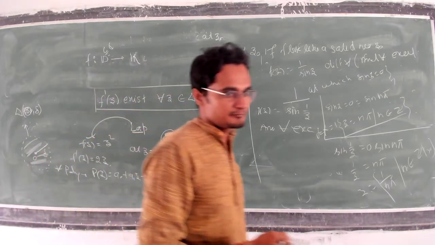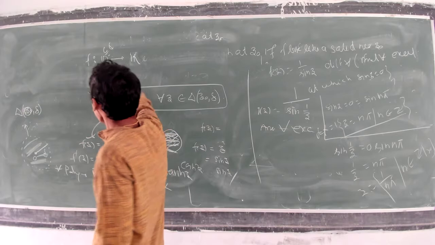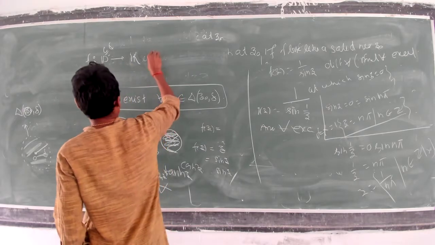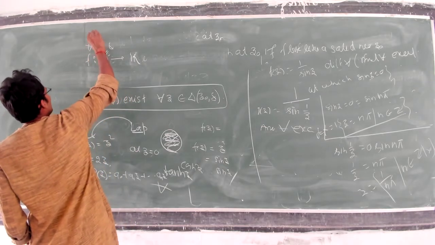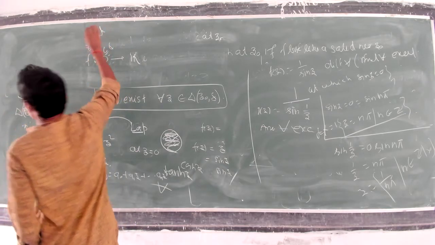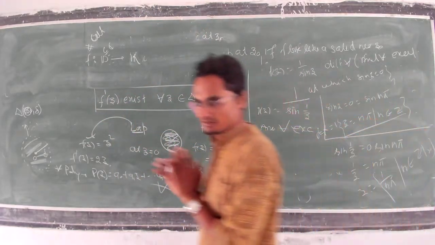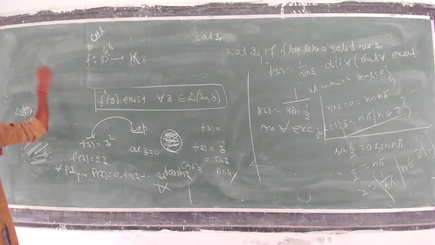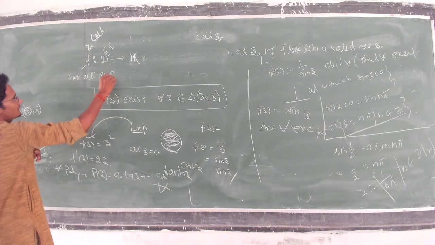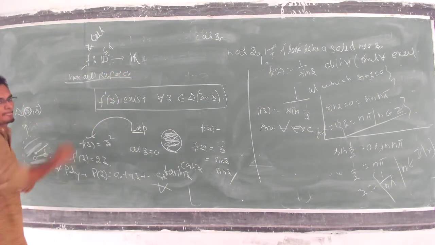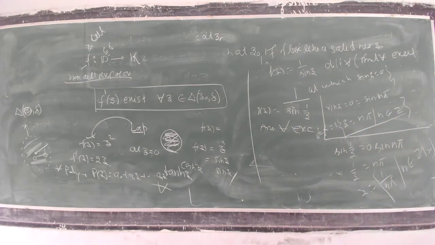Suppose f is not constant. Meaning, take a non-constant real valued function. Let f be a non-constant real valued function of a complex variable. Then you tell whether the function is analytic or not.